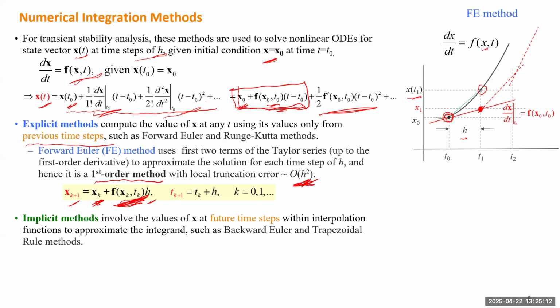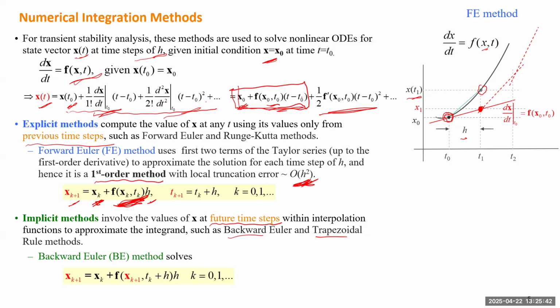Another type of method is called implicit methods. Different from the explicit method, they can utilize the future time step to give you a better estimation of that slope. Examples are the backward Euler or trapezoidal rule methods. The backward Euler method is called an Euler method because it is another first order method.